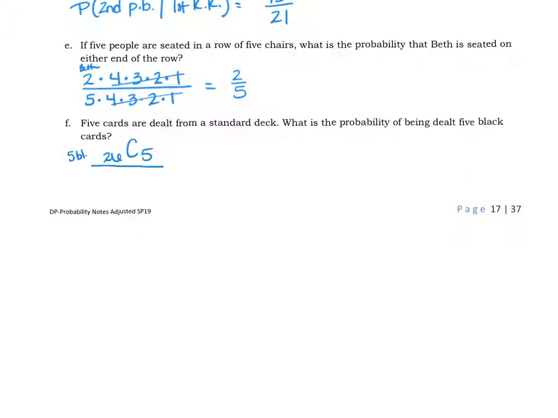You are being dealt 5. And your denominator is I just need any 5 cards dealt to me. So how many possible 5-card hands are there? There are 52 cards in a deck, and you would be dealt 5. So the probability is 65,780 over 2,598,960.